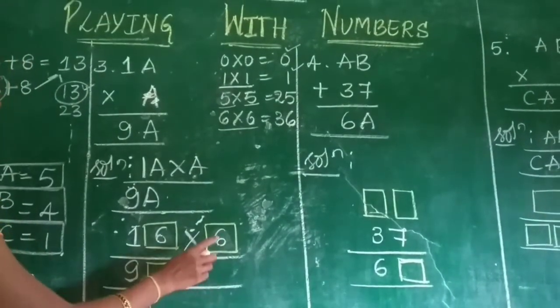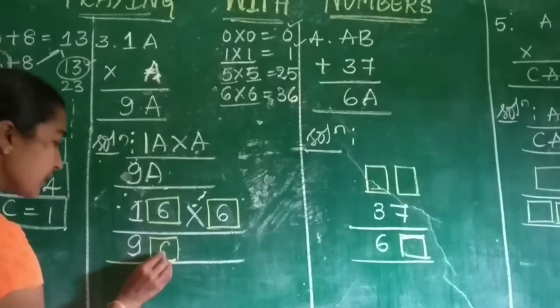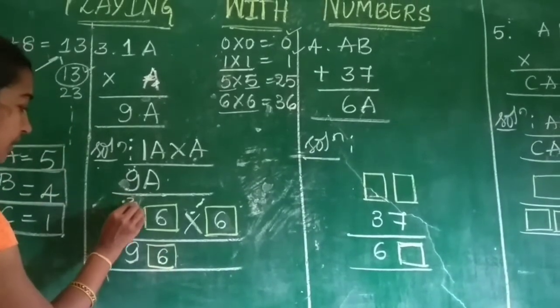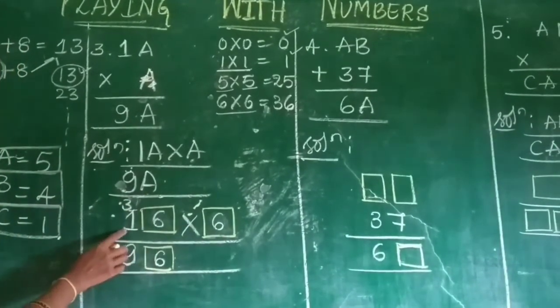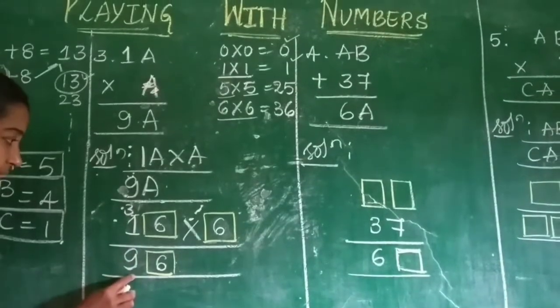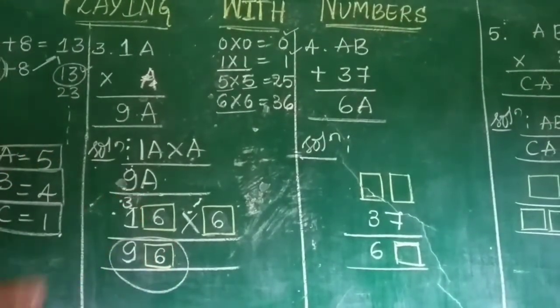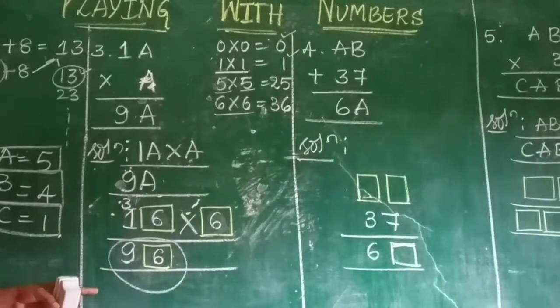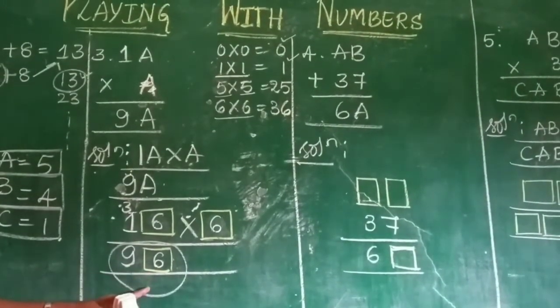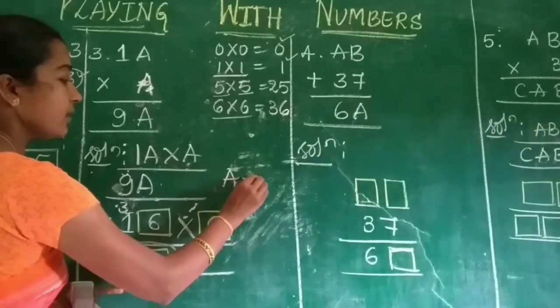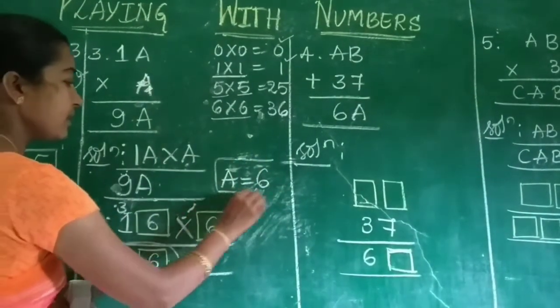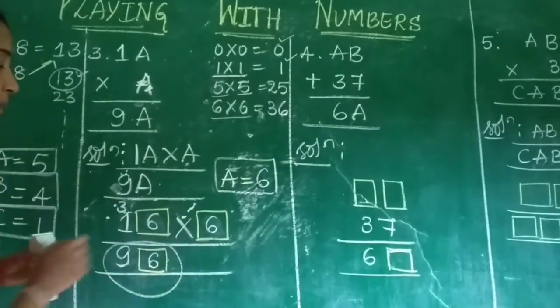See here children, 6 sixes are 36. 6 here, 3 carry, 6 ones are 6, 6 plus 3 becomes 9. So when we put 6 in place of A, we get the product 96. Now, the value of A is 6. This is suitable for our problem.